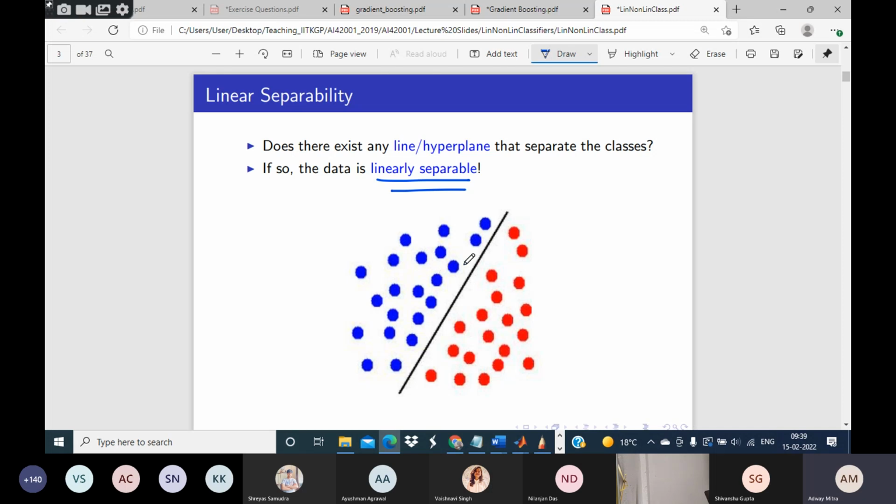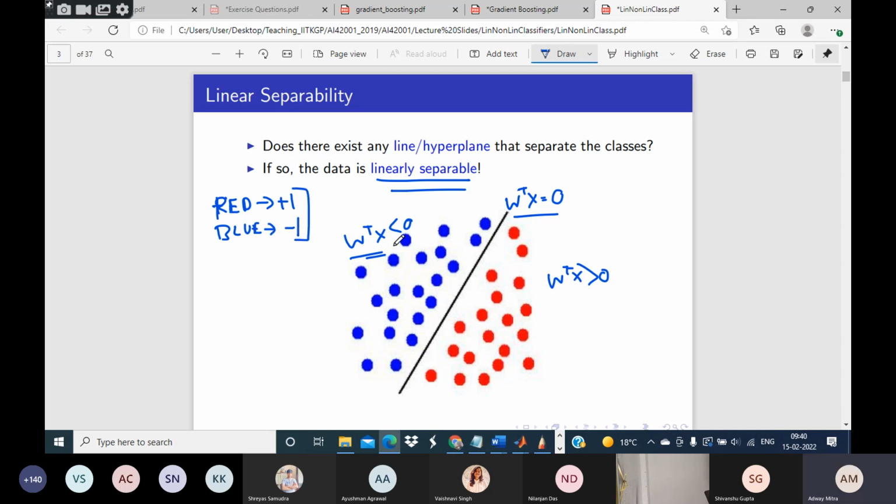Let us say that the equation for this line is W transpose X equal to 0, and this is its positive half space, and this is its negative half space. Now suppose the red label is mapped to the value +1, and the blue label is mapped to -1.